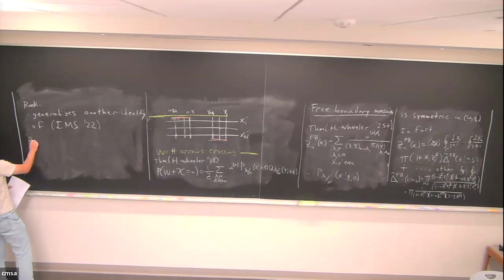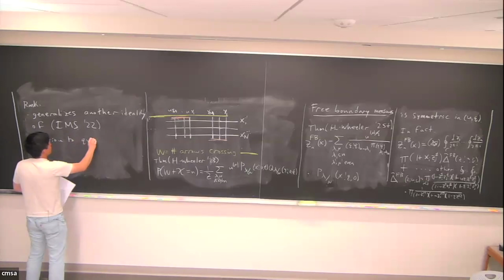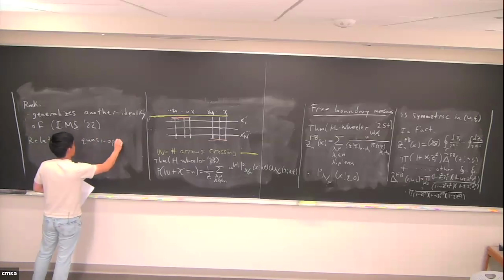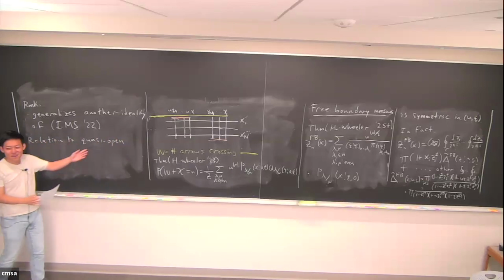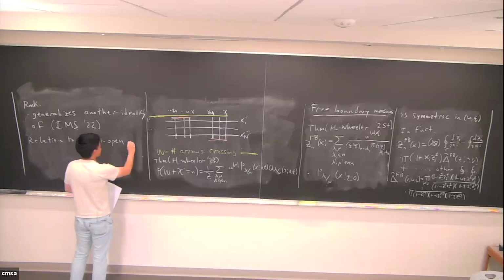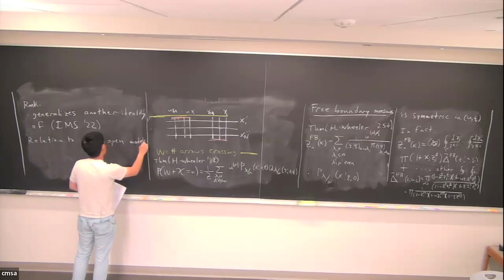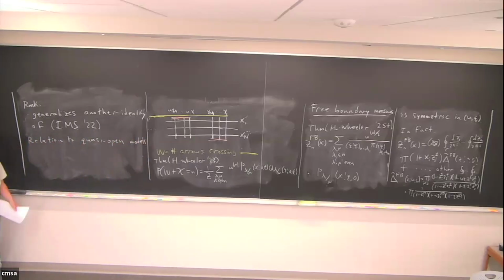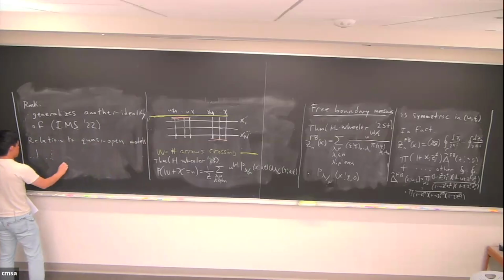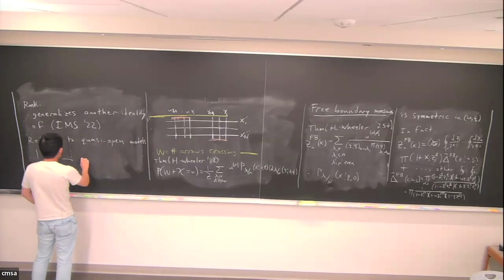I don't know if someone has a good name for this. Maybe I think quasi-open is a bit strange, but anyways, I'll draw the picture and you can decide for yourself. So let me not formally define the weights, but essentially there's going to be some sort of boundary vertices that have four possibilities, and they come with some weights.